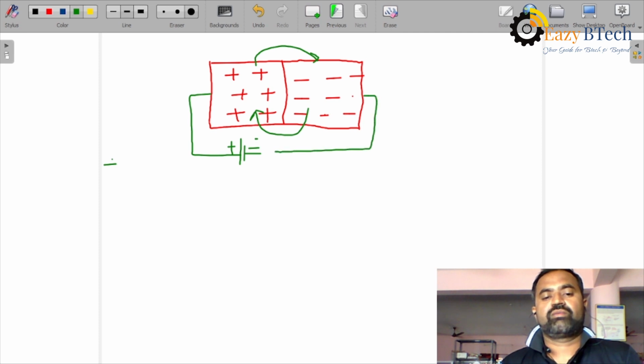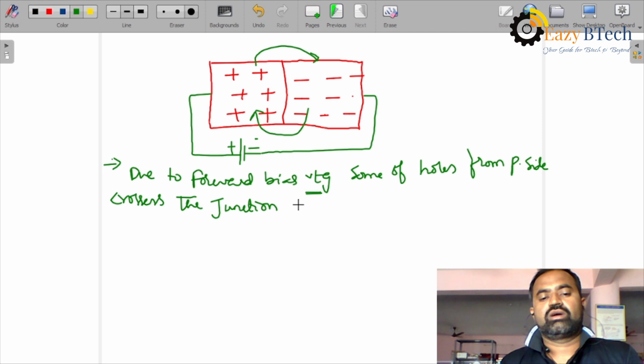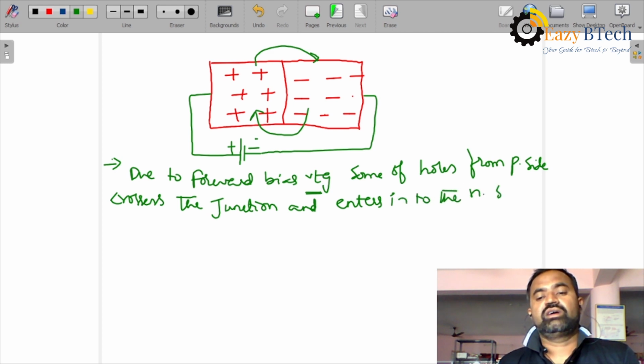Okay, students. Due to forward bias voltage, some of the holes from P side cross the junction and enter into the N side, and vice versa.